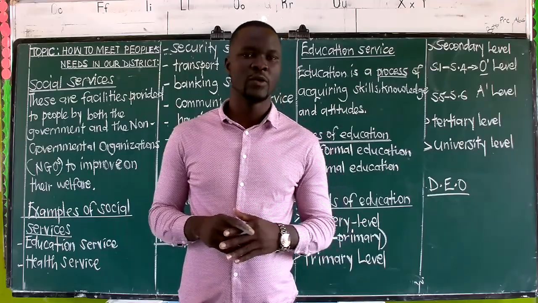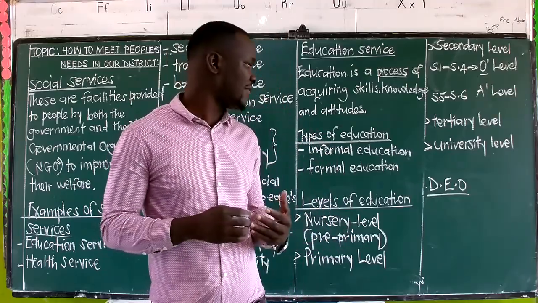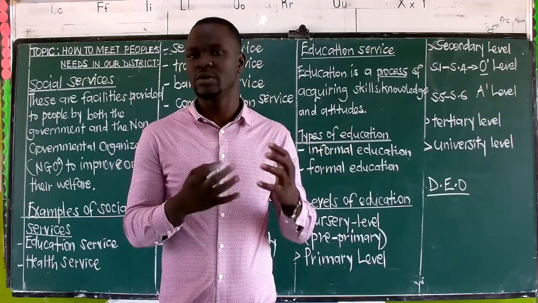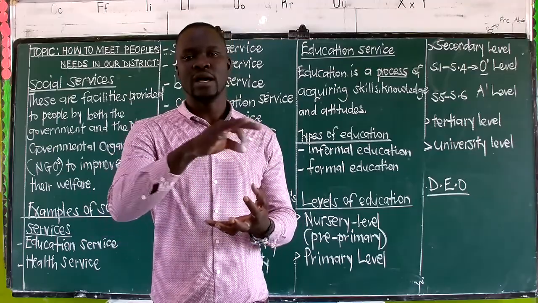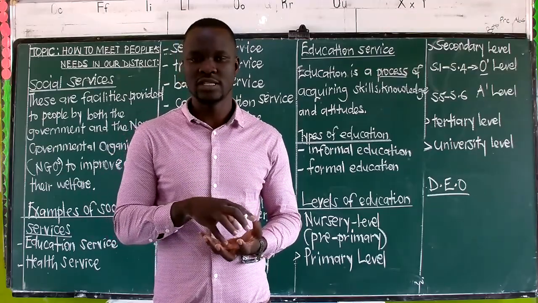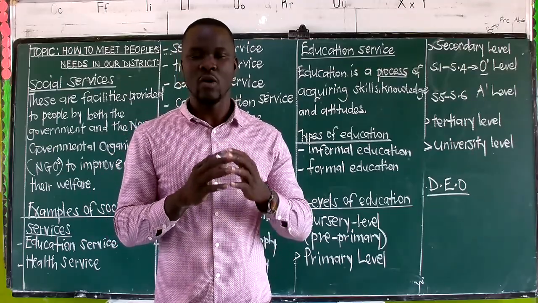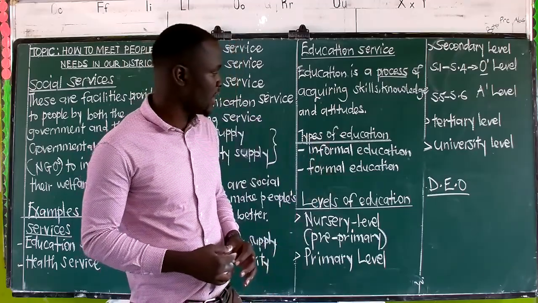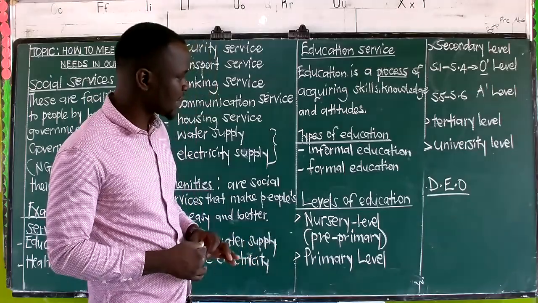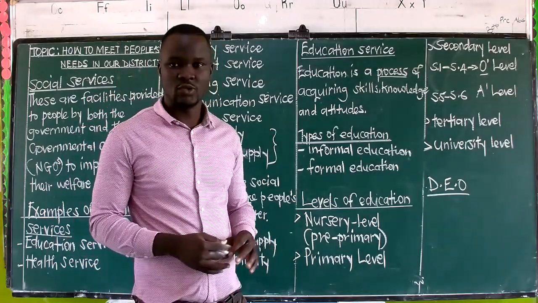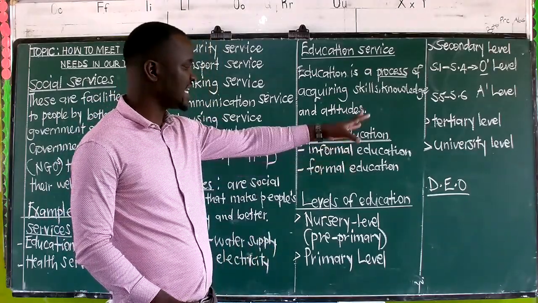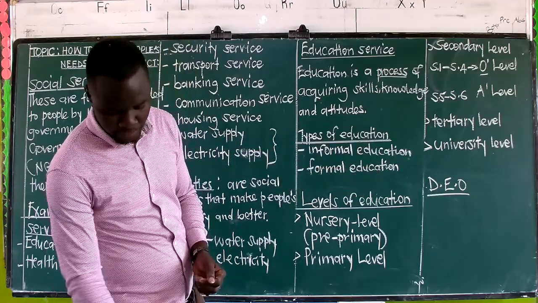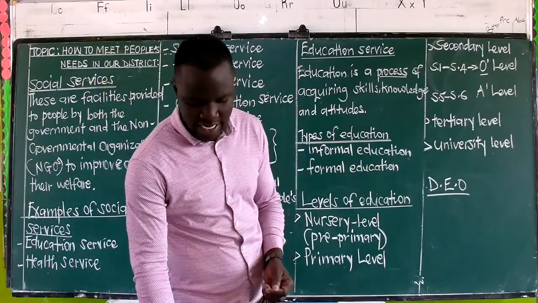And we also understood that we have the ministry, that is the Ministry of Education and Sports, which is the one taking care of the education system and all its programs in the whole country. That's what we call the Ministry of Education and Sports. But at the district level, we have the District Education Officer.